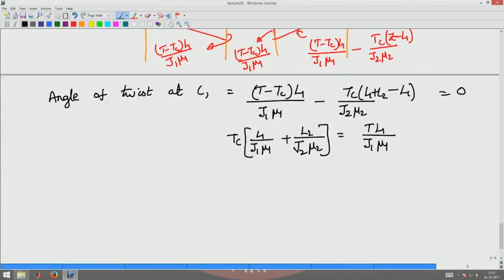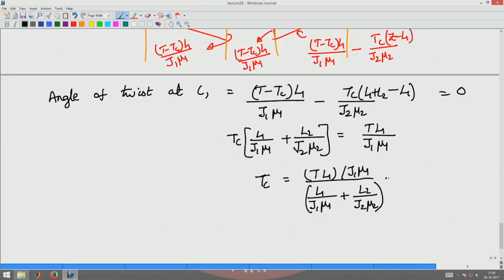Okay. So that gives me Tc to be T into L1 by J1 mu 1, divided by L1 by J1 mu 1 plus L2 by J2 mu 2.